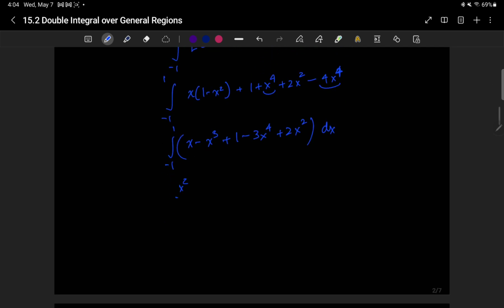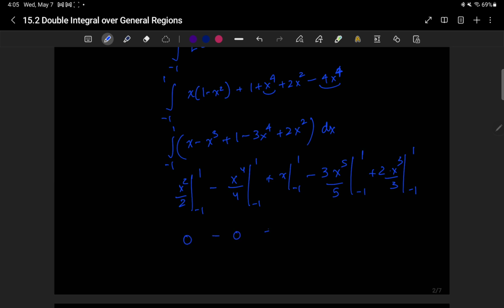So you have x squared over 2, negative 1 to 1, x to the 4 over 4, negative 1 to 1, x, negative 1 to 1, x to the 5 over 5, negative 1 to 1, x cubed over 3, negative 1 to 1. Plugging it in, when you have an even function, this is 0, this is also 0. This will be 1 minus negative 1 is 2, 3/5 again a 2, and a 2/3 again a 2.